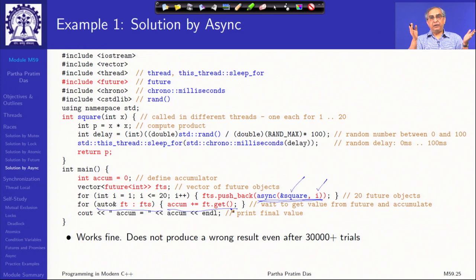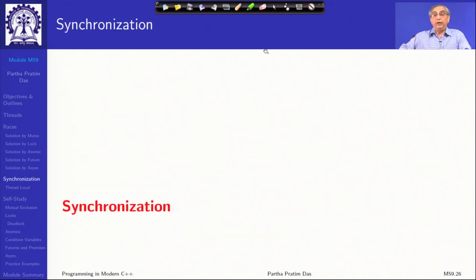So, this happens one after the other. So, this part is serialized as I want it, and I get a correct result. So, I have shown you multiple different ways to address the basic synchronization problem of race conditions and data races.